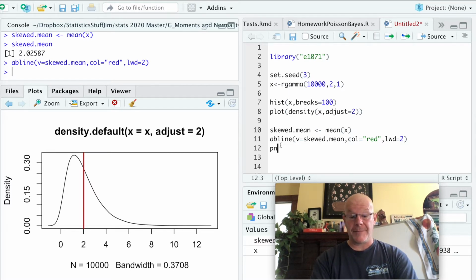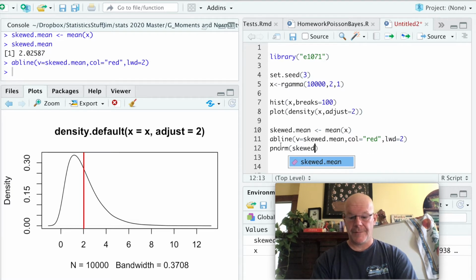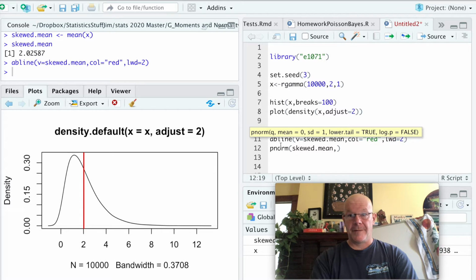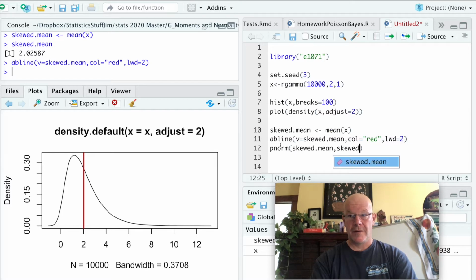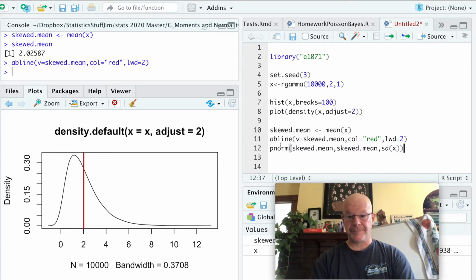So let's say p norm, and I will take my skewed dot mean, and I will say skewed dot mean for the mean, and the standard deviation of x.